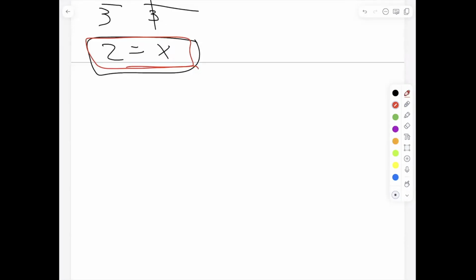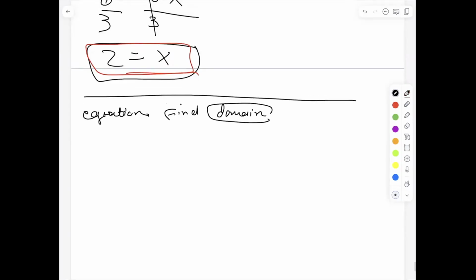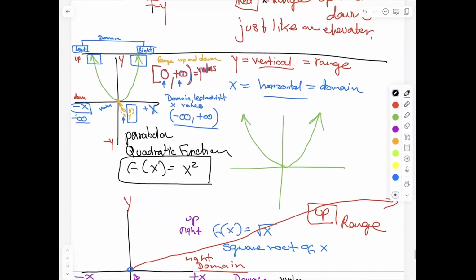Okay, so let's talk about when we have an equation and we have to find domain. Like all of these examples before, when it came to domain, we were like, okay, look at the graph.